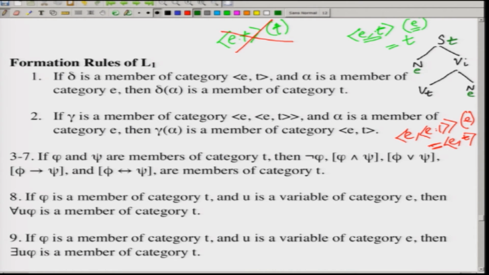And now, what is Vi? You see, E to T will take an E and yield a T. So, this is fine, and this is E and this is E to T. This is how I already construct. So, I can see how exactly the structure of L1 is getting recreated in this framework through the type theoretic story.